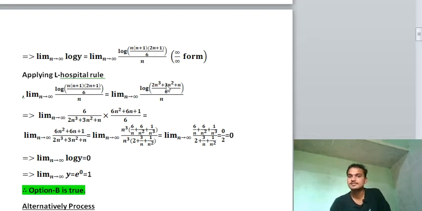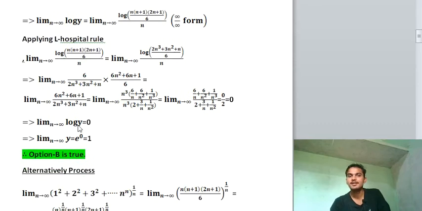Then 6n, and this is 1, since the derivative of n with respect to n is 1. When we multiply, the 6 will be cancelled, and we get limit n tends to infinity of 6n square plus 6n plus 1 divided by 2n square plus 2n cube plus 3n square plus n.